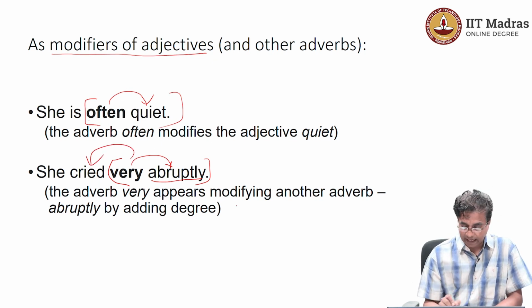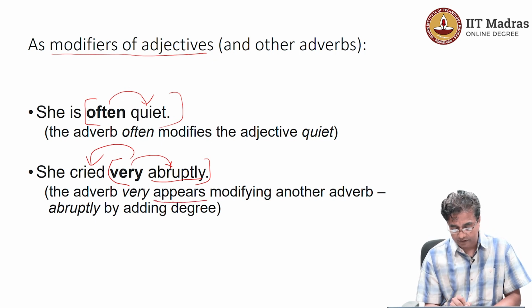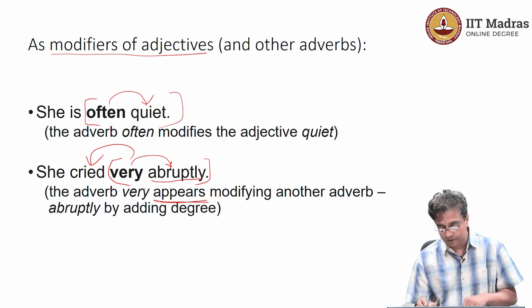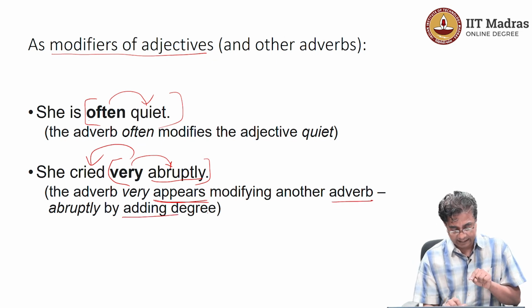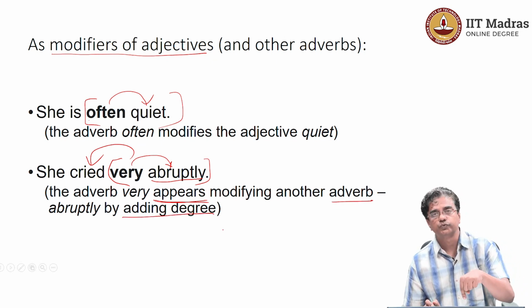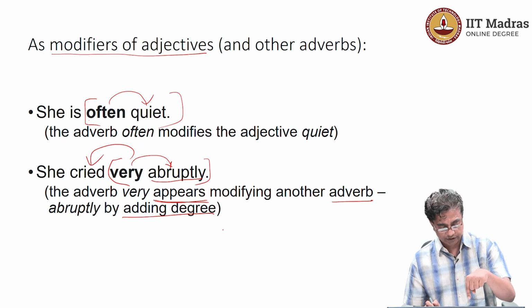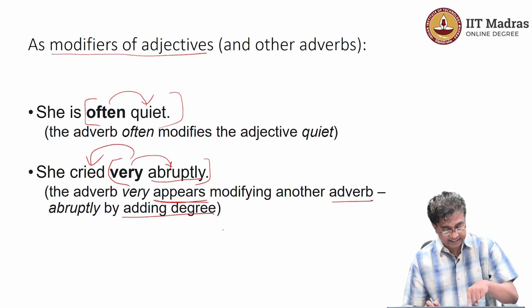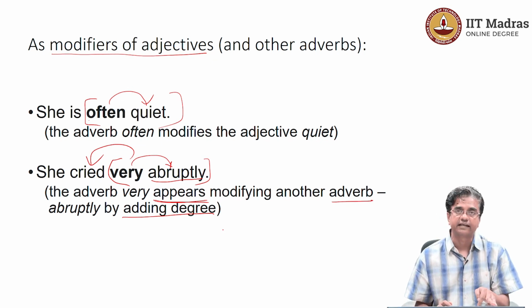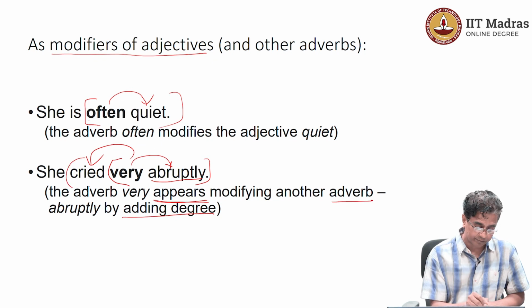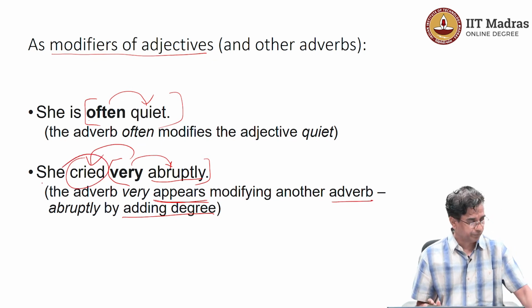So very appears to be modifying, here is the key word that I want to use, another adverb, by adding some degree. What does this add degree to? Very abruptly adds degree to the verb crying.